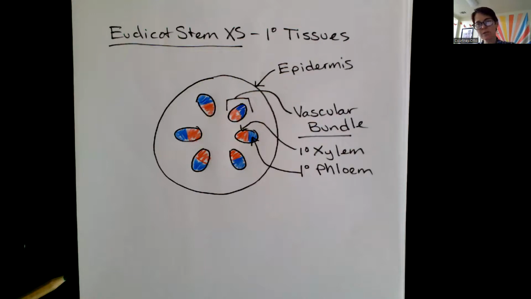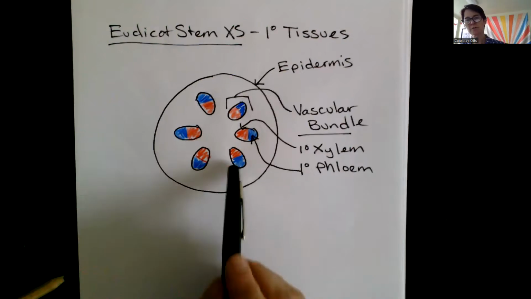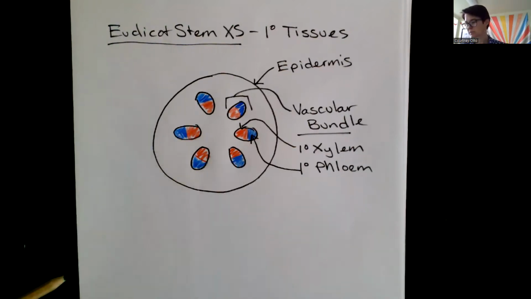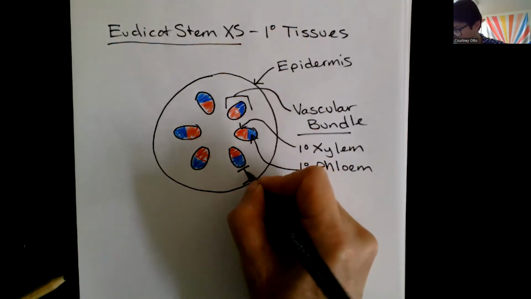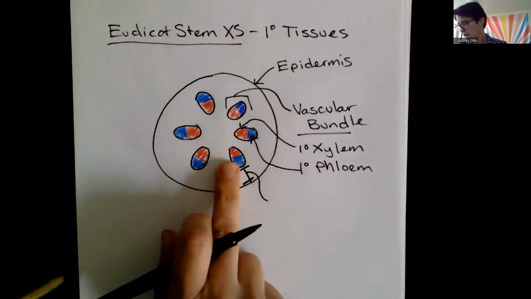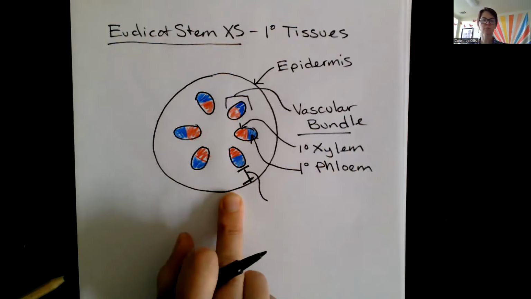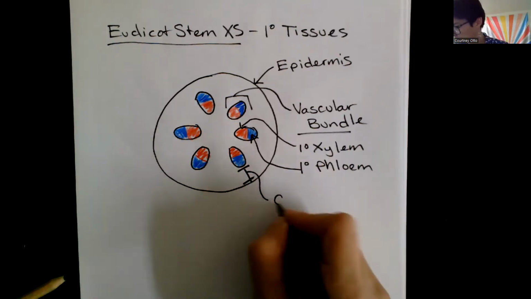Well, the last of our tissues that we need is our ground tissue. Because our vascular bundles are in a ring, we can differentiate different regions of ground tissue based upon their relationship to those vascular bundles. If I'm in this region right here, in between our vascular bundle and the epidermis, we're in what we call the cortex.